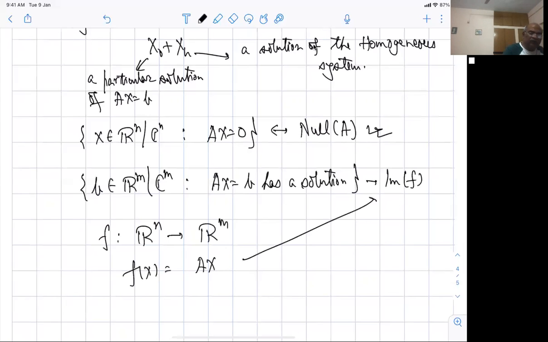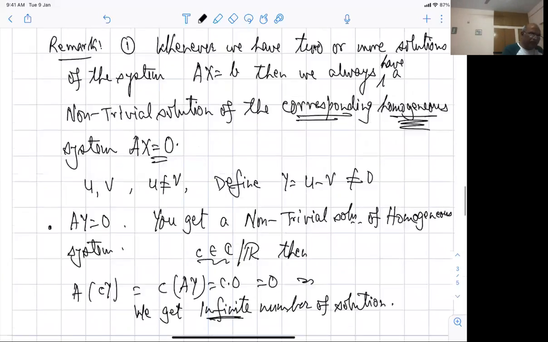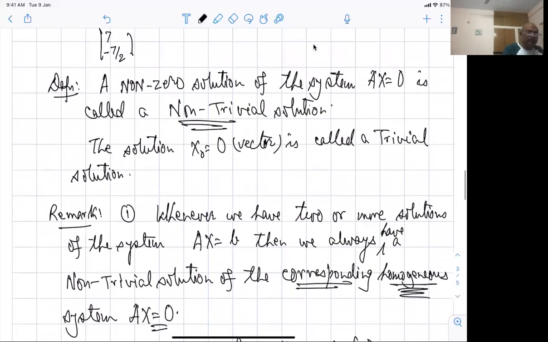All right, relating these two. We'll be studying these two things after a few lectures, and this notion is going to play a very important role as soon as you come to vector spaces, linear span, linear combination, and things like that. So recall that these things are very important. Another thing I would like you to remember always: what is a non-trivial solution and what is a trivial solution. All right. So that's all in this lecture. Thank you.